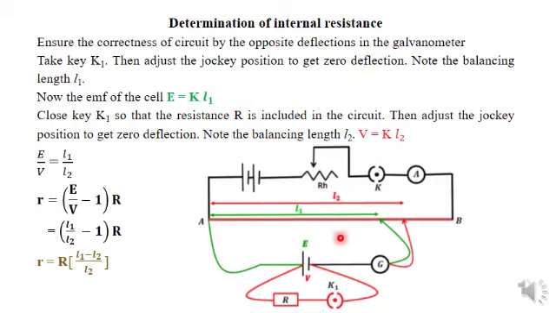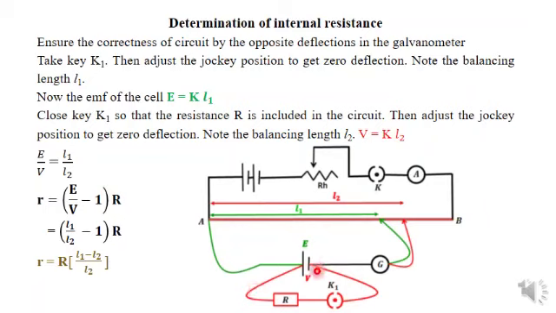Then insert key K1 in the circuit and take a particular resistance capital R from the resistance box. Now the cell is sending current into the resistance, so the cell is in the closed circuit.